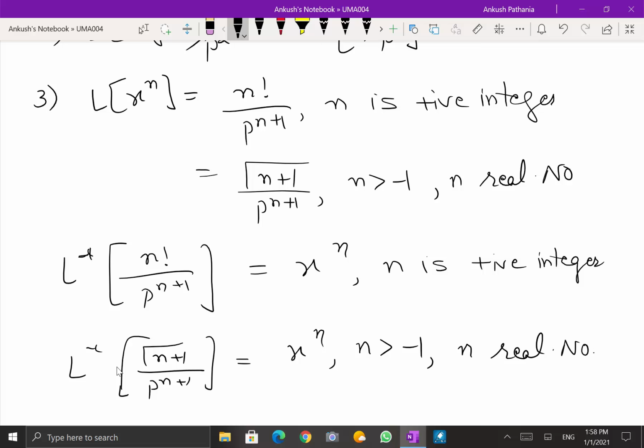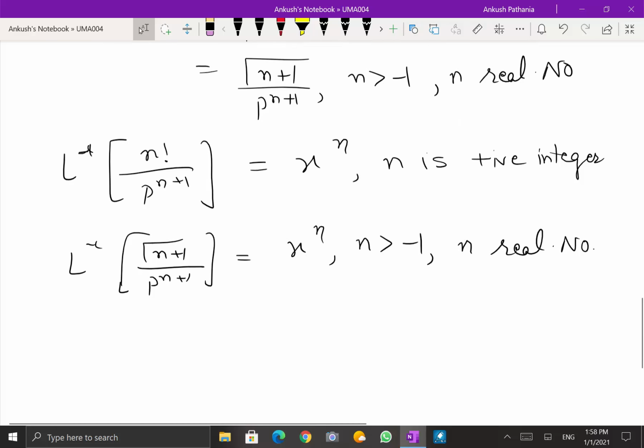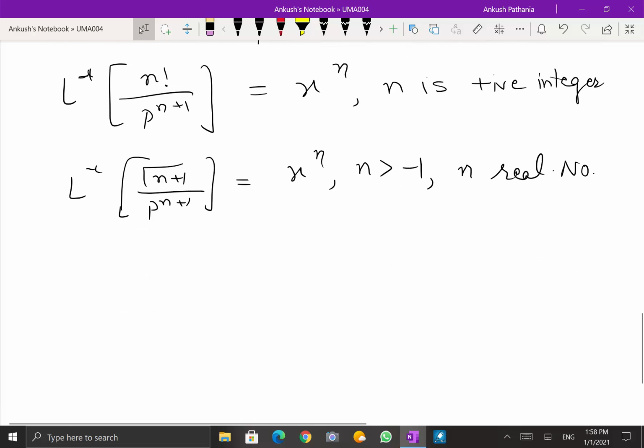So this is the formula for your Laplace inverse in case the function is x raised to power n, and n is a positive integer or a real number.